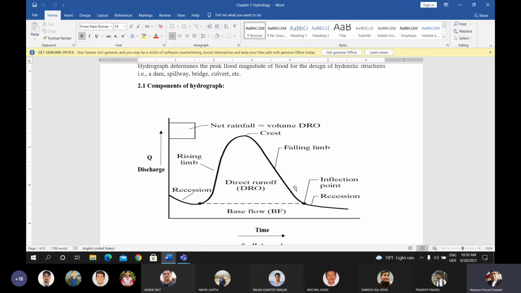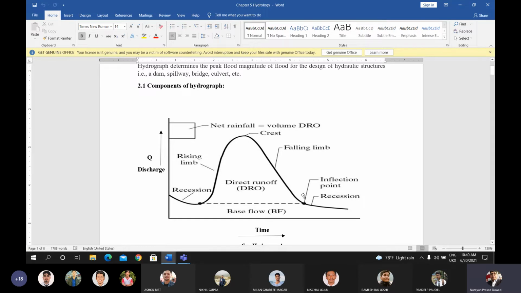That is the maximum time required for water to travel from the farthest point of the area to the point considered for the measurement of discharge. That time elapsed by the water to reach the river section from the farthest point of the catchment is called the time of concentration.